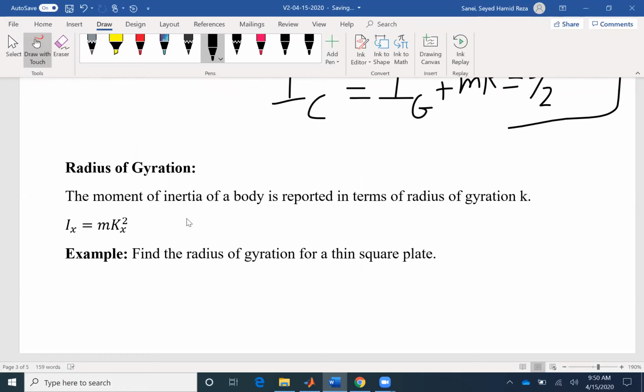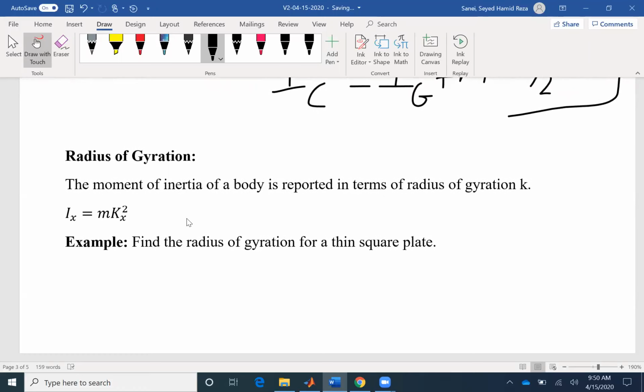The radius of gyration is defined so we can report all moments of inertia using the same equation, calling all of them I equals m k squared. For all different objects with different geometries, the moment of inertia is I equals m k squared, and then we report k for different geometries.